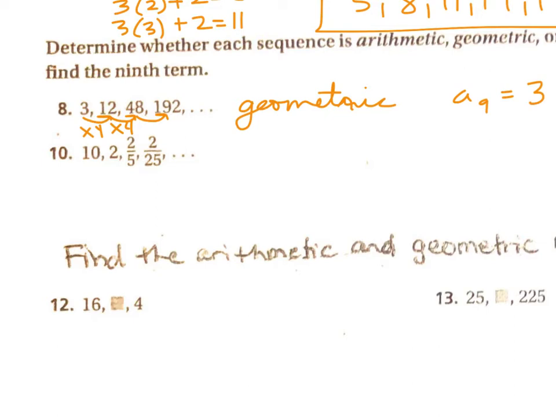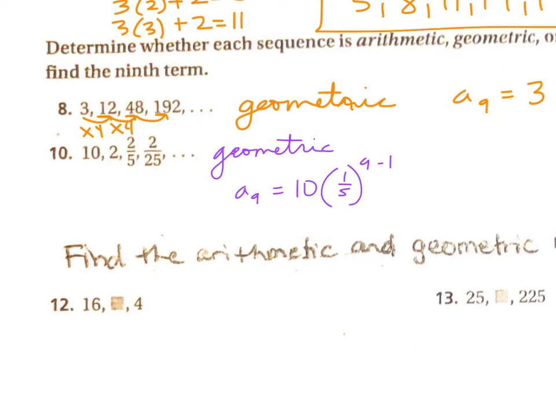Okay. And then this one, you have 10 and then 2 and then 2/5. So it's tempting to say you're dividing by 5, but it's a common ratio. So that would be multiplying by 1/5. So that is multiplication, and this is geometric. So then our setup would be our 9th term is going to be the first term times our common ratio to the n minus 1, so 9 minus 1, so to the 8th power.